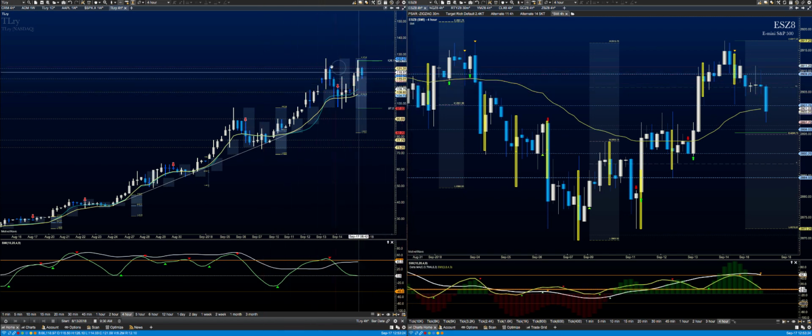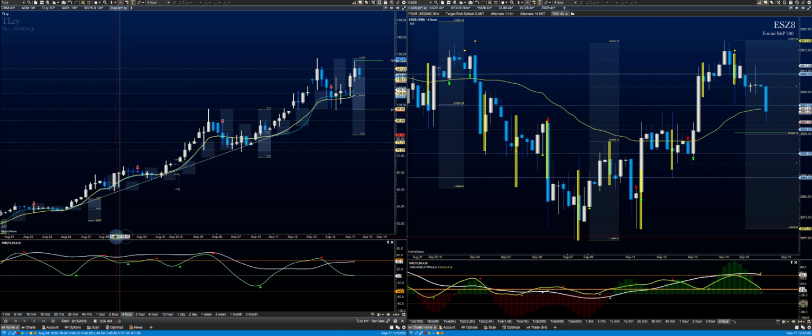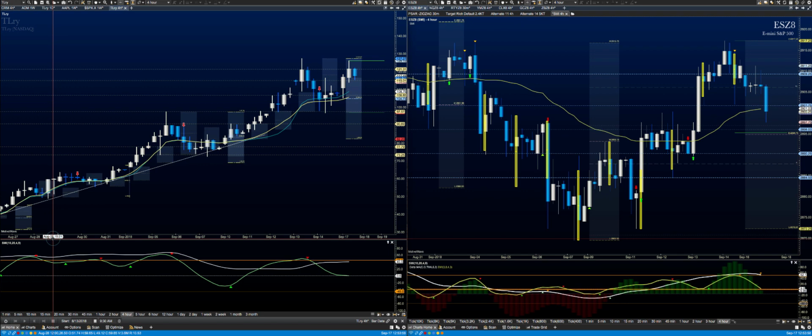The second my support gets broken, that's old resistance, building as new support. The second it gets broken, I need to think about trimming my gains. Doesn't mean that I can't get back in. You can look at your prior week's high. I love looking at that space. But these are the elemental things that are not high tech, that are not overly heady, that will keep you on the right side of a trade.